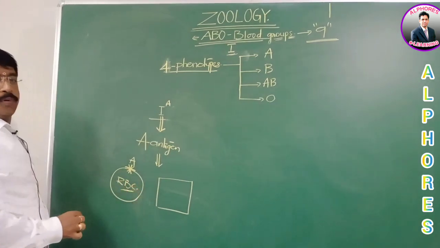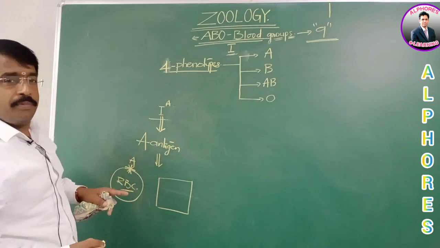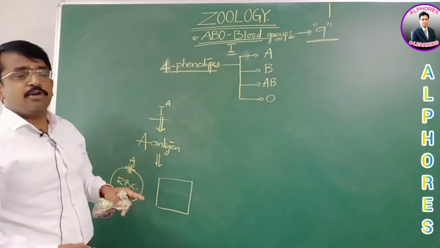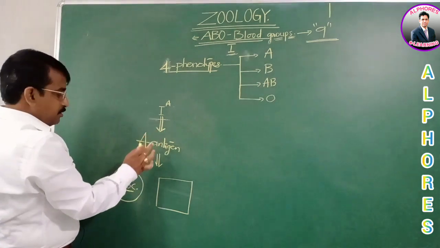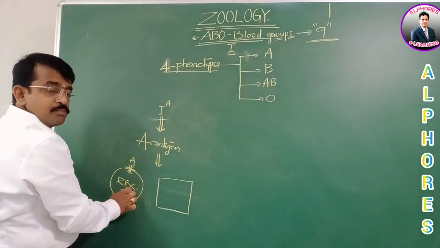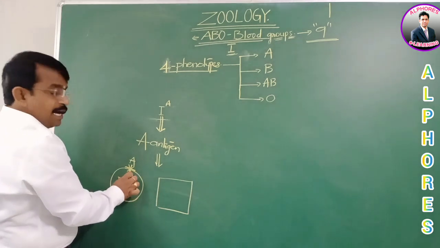The A blood group, the A phenotype, the external form of a trait denoted as the A blood group, is determined by the antigen.